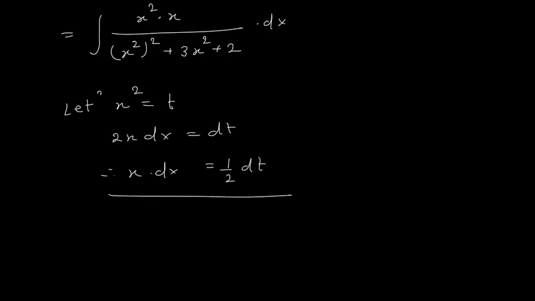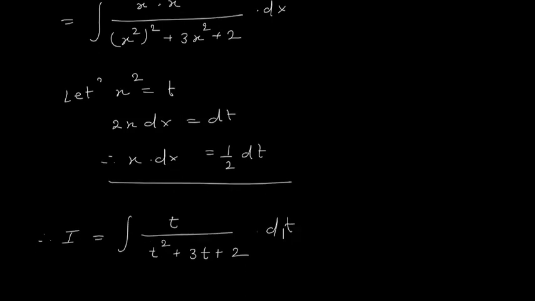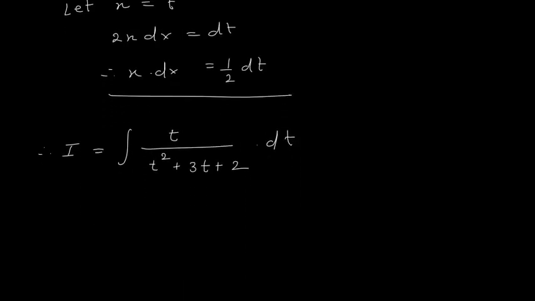Therefore I is equal to the integration of t upon t square plus 3t plus 2 into dt. One upon 2 is also there, so let us write 1 upon 2 here. Now after this, we have written the numerator as a into the derivative of the denominator plus b.